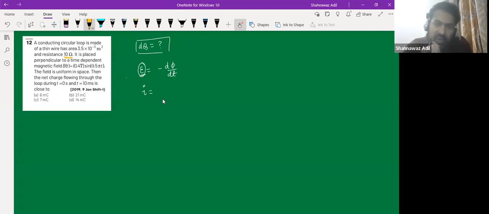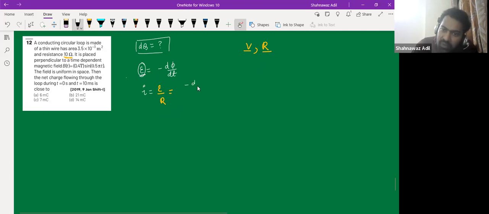You have voltage, you have resistance. So the current I is equal to V by R, which is E by R. And E we know already: E is minus dΦ by dt, and 1 over R of that. So I would be minus 1 by R dΦ by dt.